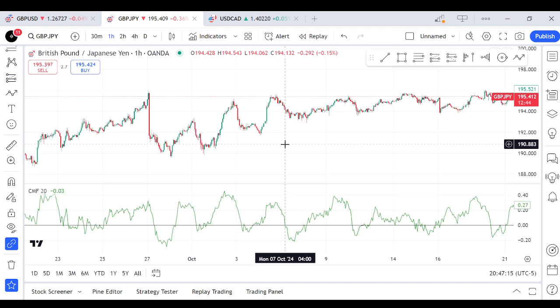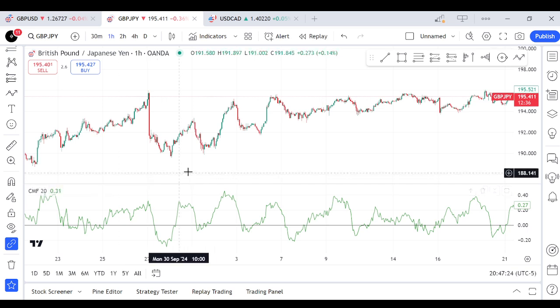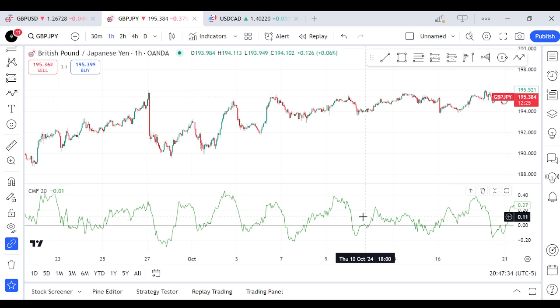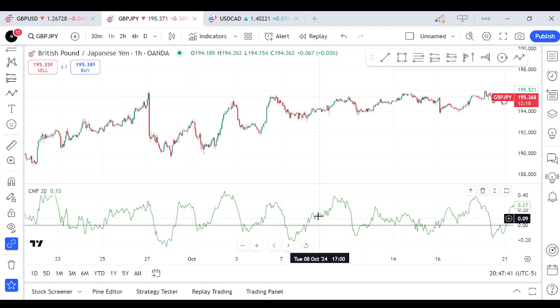So the CMF indicator calculates this pressure over a specific period, which is typically 21 days or 20 days. I'm using the 20 days here, and it provides a value that oscillates between -1 and +1. As you can see, the CMF is like an oscillator, and it oscillates between -1 and +1.